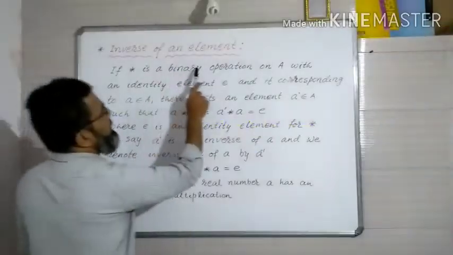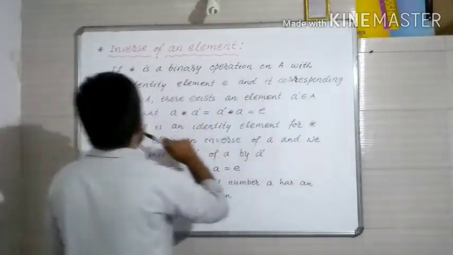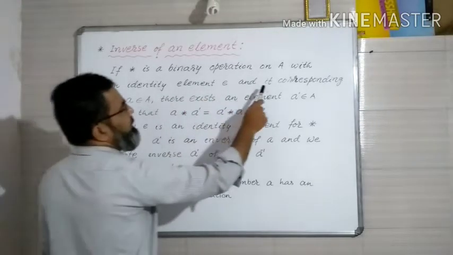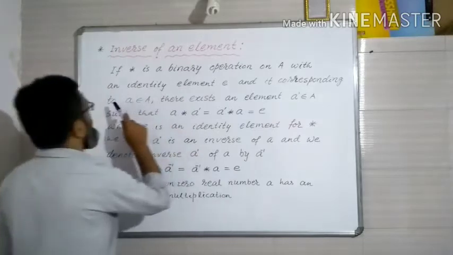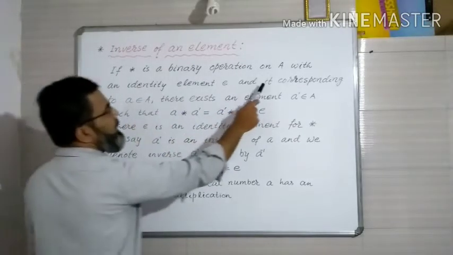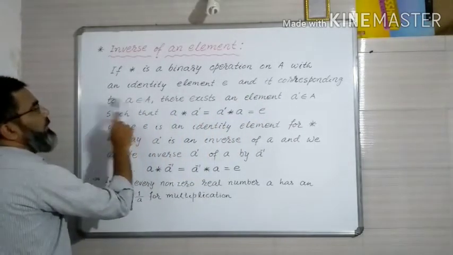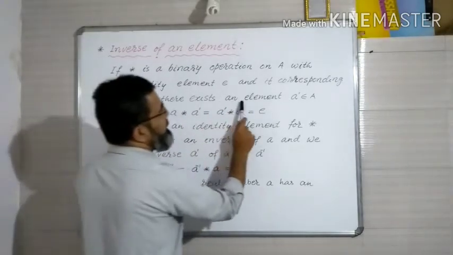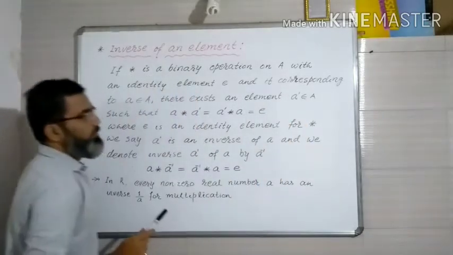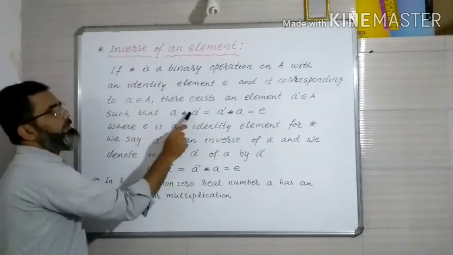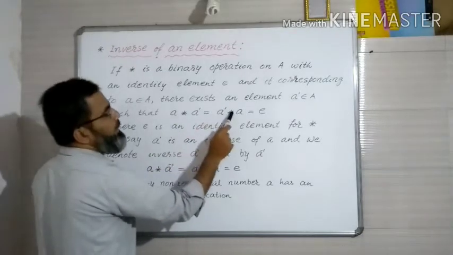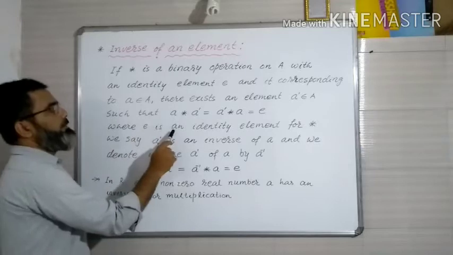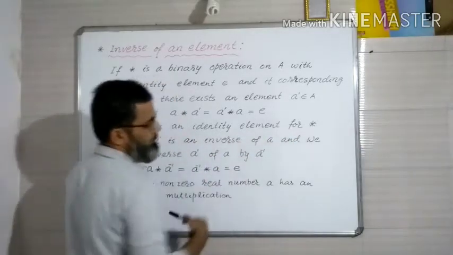If star is a binary operation on set A with an identity element E, and corresponding to element a, which is belonging to A, there exists an element a dash belongs to A such that a star a dash is equal to a dash star a is equal to E, where E is an identity element for star.